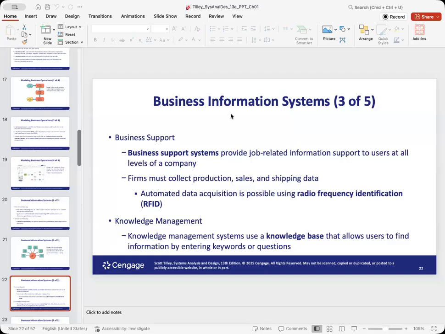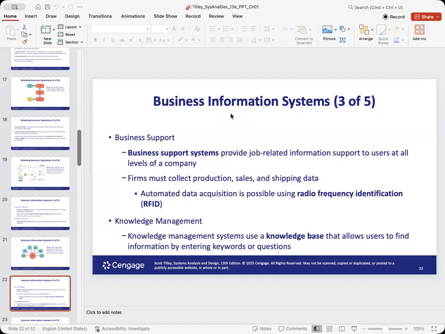And then we also have knowledge management. Knowledge management systems use what we call a knowledge base. This knowledge base allows users to find information by entering keywords or questions. Sometimes you go online or onto a library system and may not necessarily know the kind of book you are looking for.